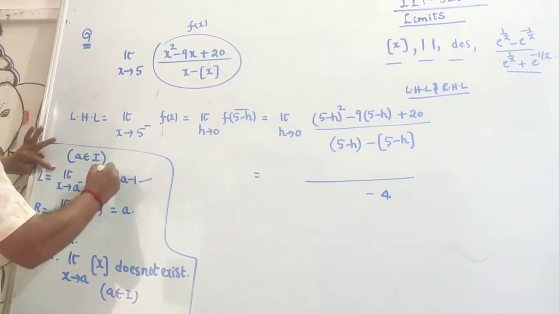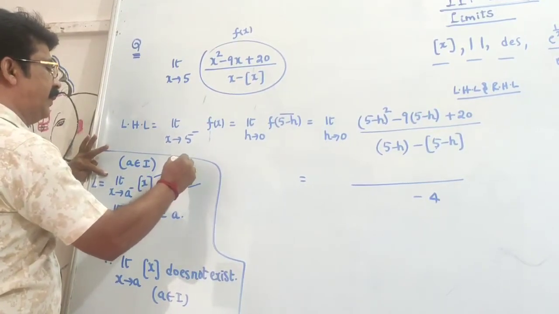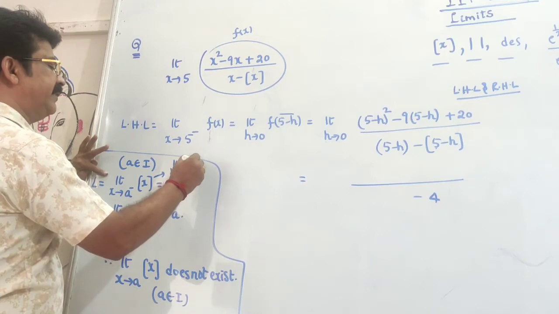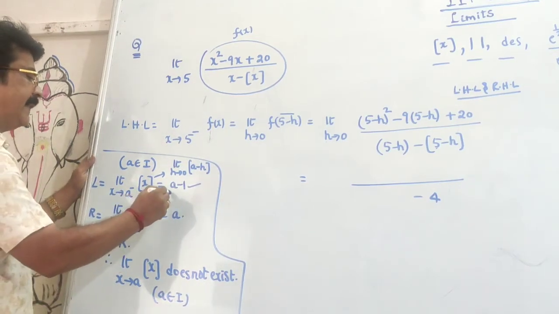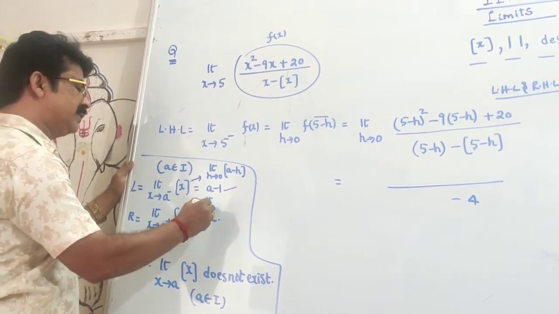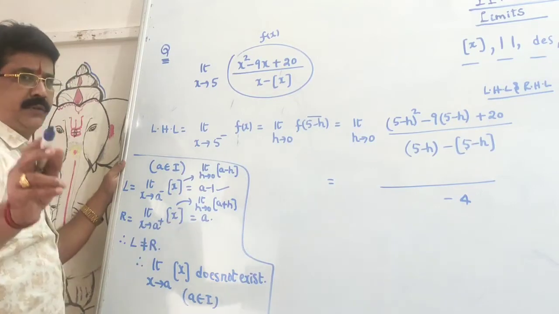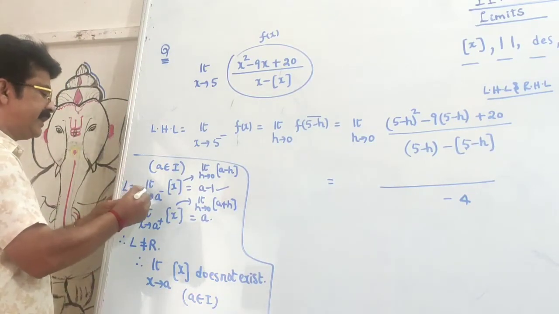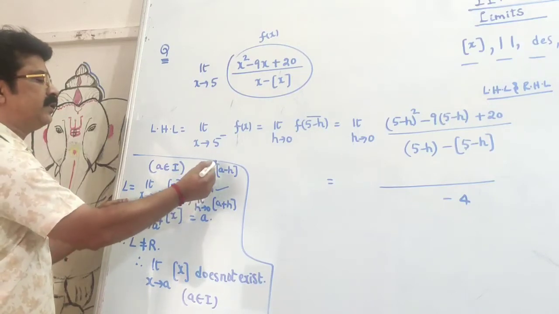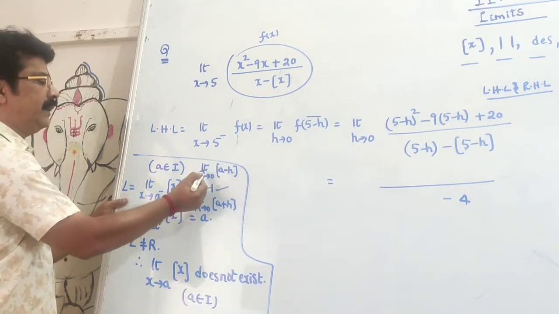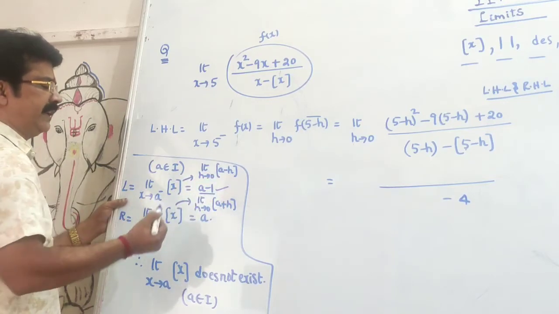Actually another meaning: limit h tends to 0, box of a minus h, and another meaning limit h tends to 0, box of a plus h. So therefore once again limit x tends to a minus of box of x equal to limit h tends to 0, box of a minus h, equal to a minus 1.